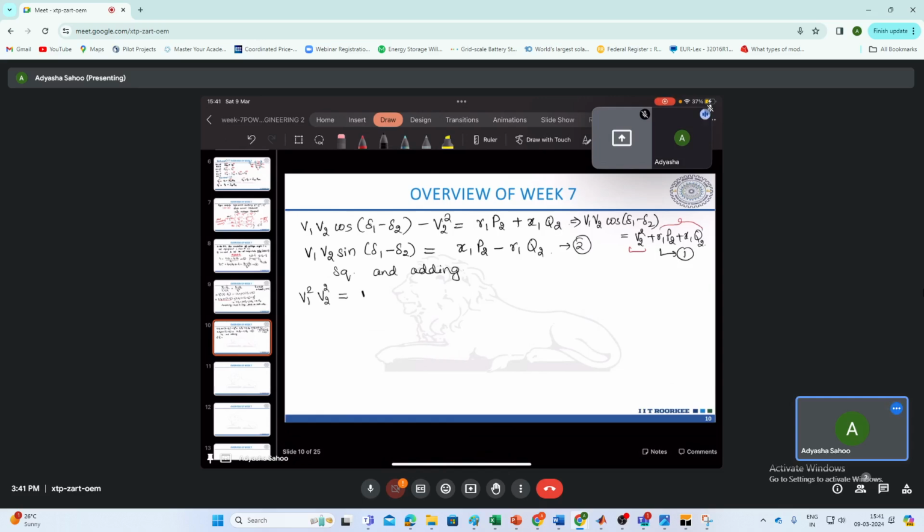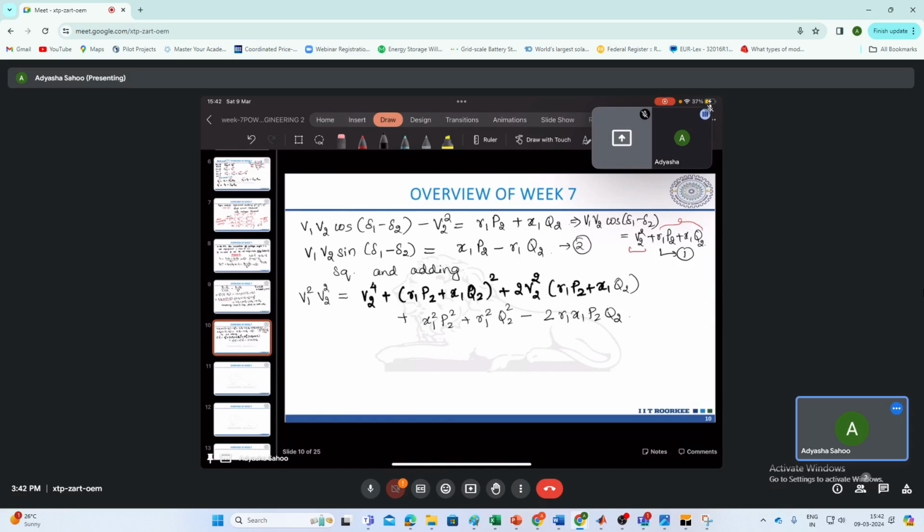What I will get is V2 power 4 plus (R1 P2 plus X1 Q2) whole square plus 2 V2 square (R1 P2 plus X1 Q2), right? And from the second equation I'll get X1 square P2 square plus R1 square Q2 square minus 2 R1 X1 P2 Q2.